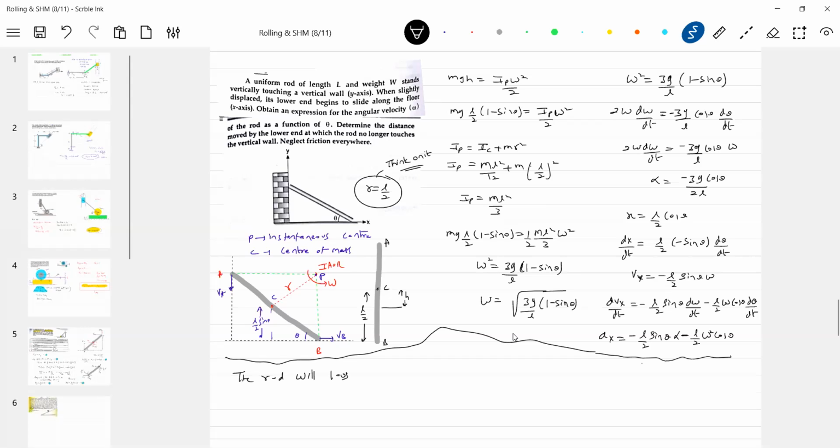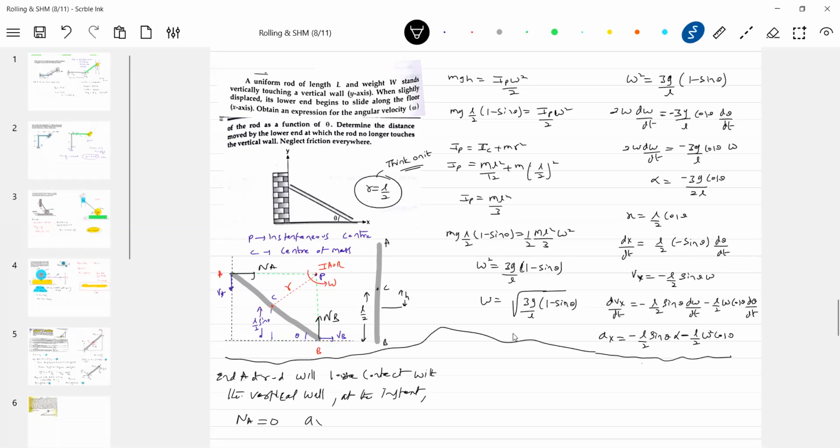The rod will lose contact. The end A of the rod will lose contact with the vertical wall at the instant Na tends to 0, or Na equals 0.